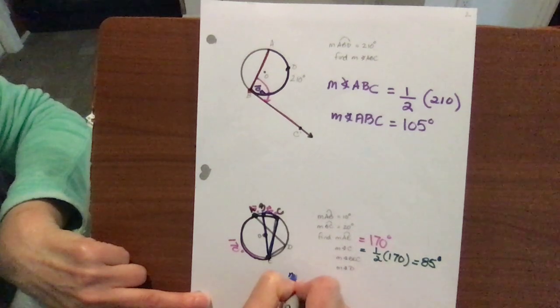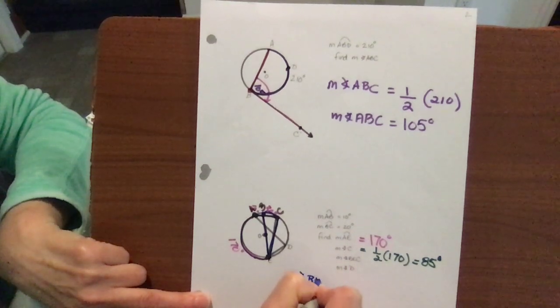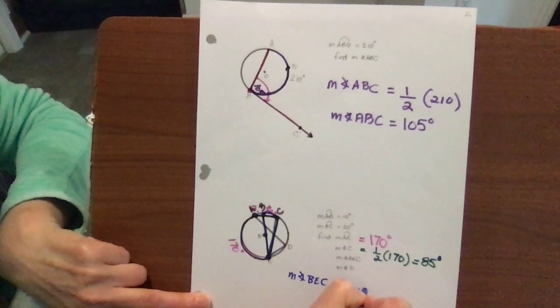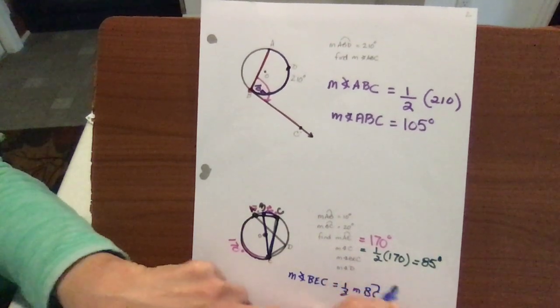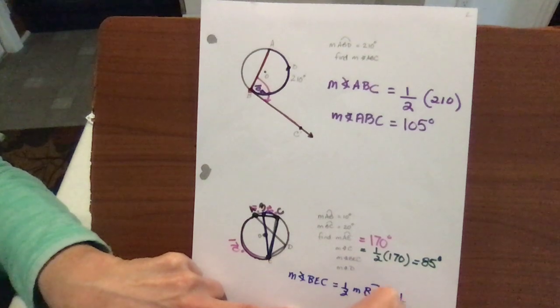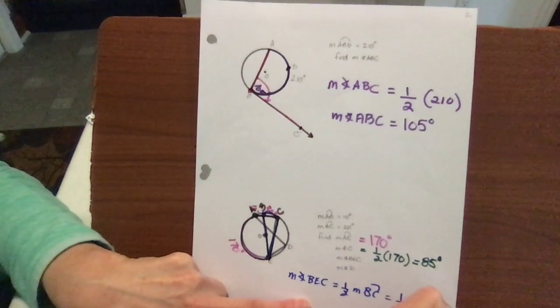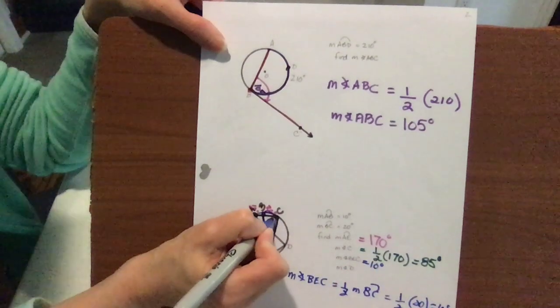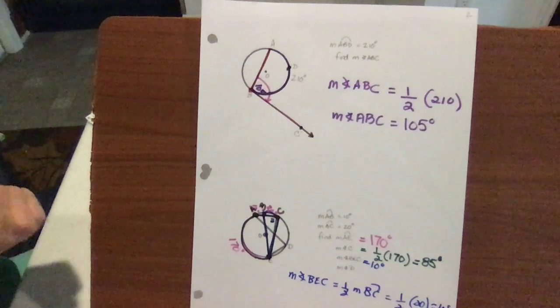So the measure of angle BEC is going to be half of the measure of arc BC, so half of 20, which is 10. So this is 10 degrees, and I would put that right in there because you never know if you're going to need it.